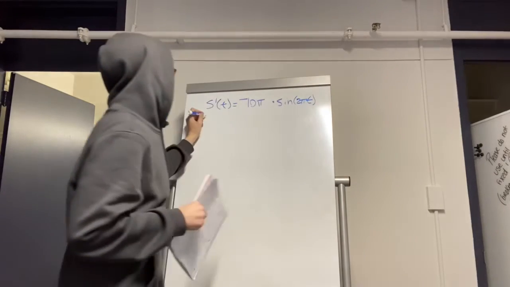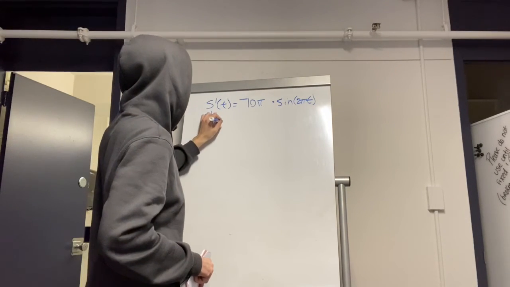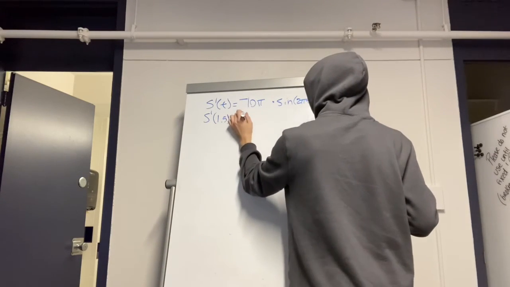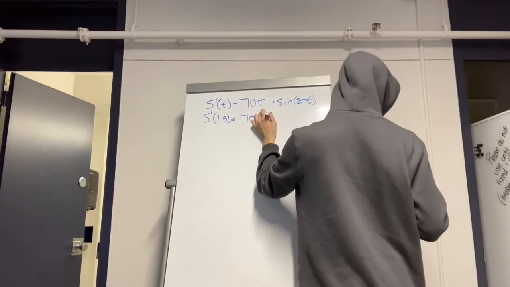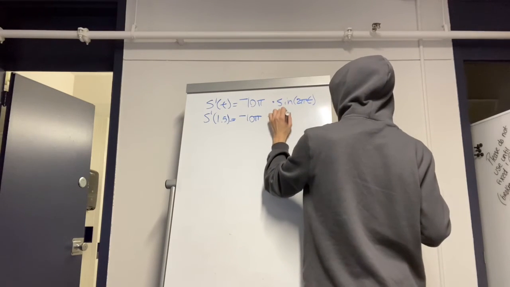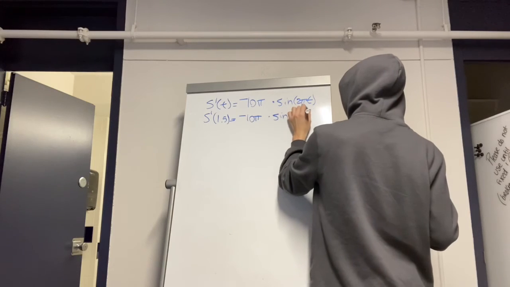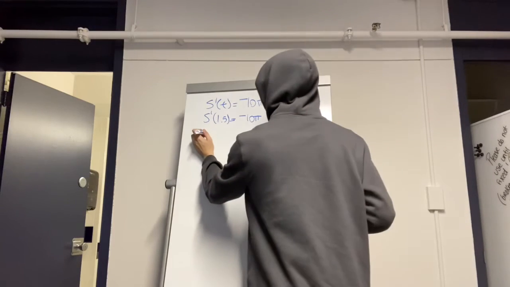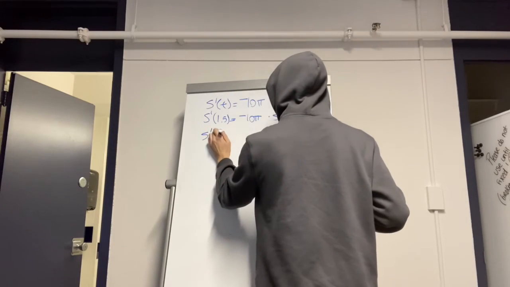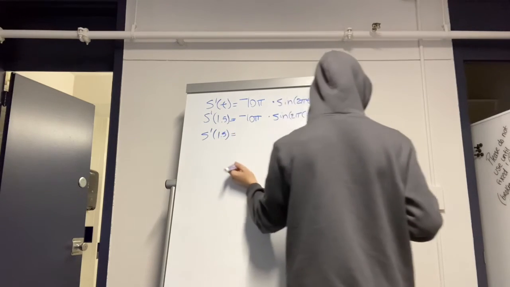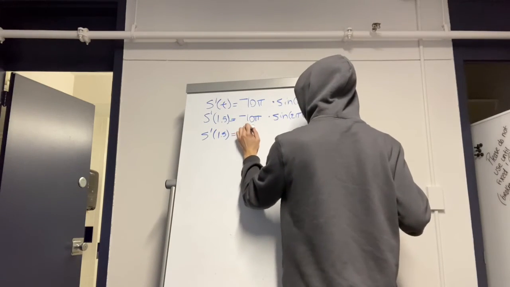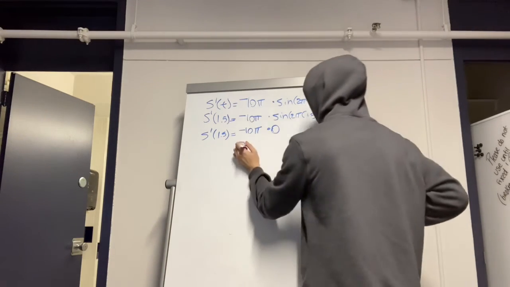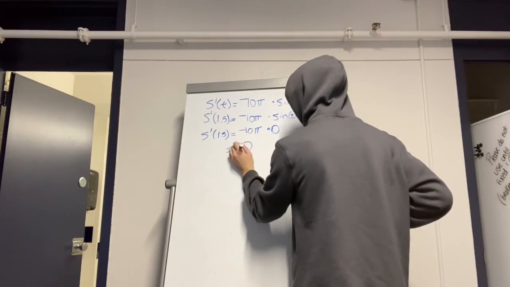So from here, we will plug in 1.5 seconds into our t, times sine of 2 pi 1.5. s prime of 1.5 equals negative 10 pi times 0, which we know is equal to 0.